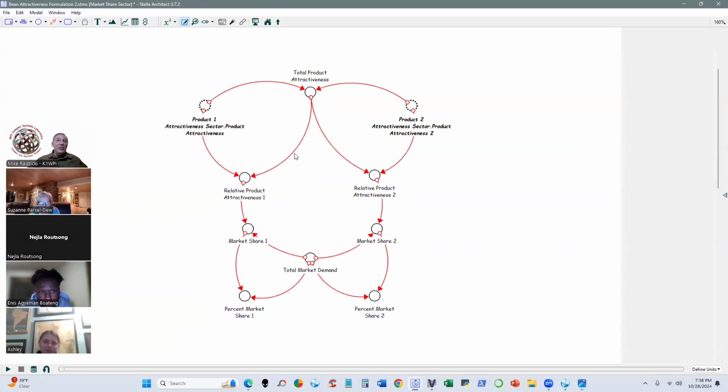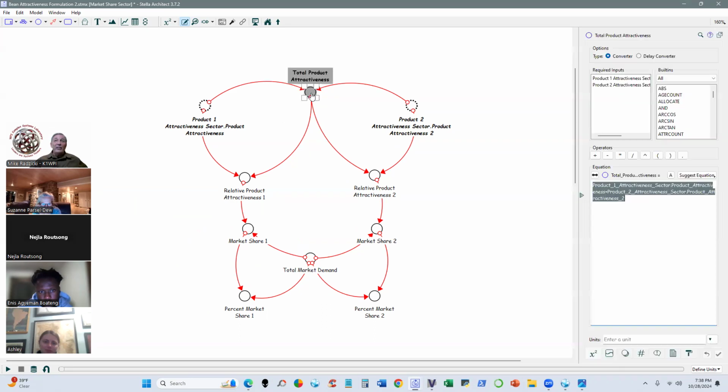And then you get into the same thing we just saw, right? Where we have the total attractiveness now. Before it was total demand for one, demand from two, and demand from three.